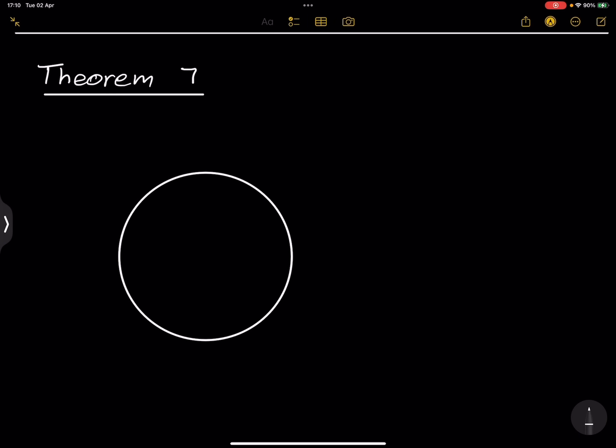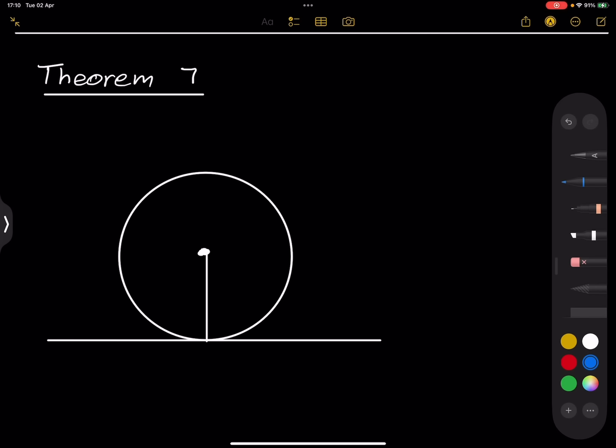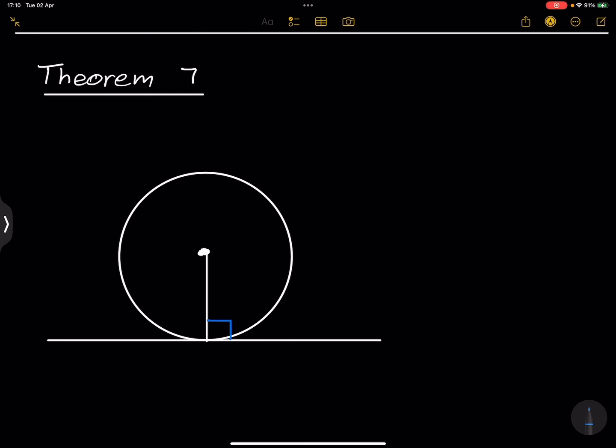And it simply says, if I've got a tangent that is drawn, a line that is drawn from the center will be perpendicular to the tangent at the point of tangency. So meaning I'll have a 90 degrees there.